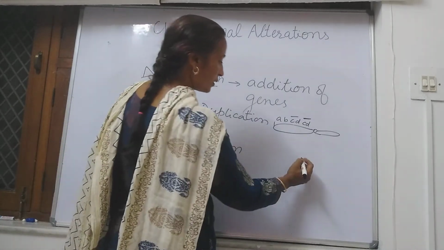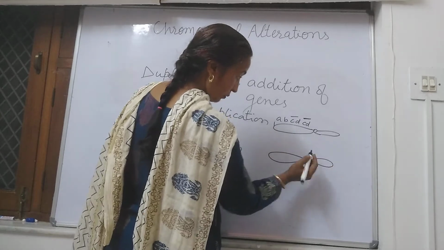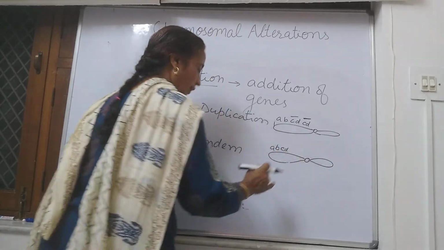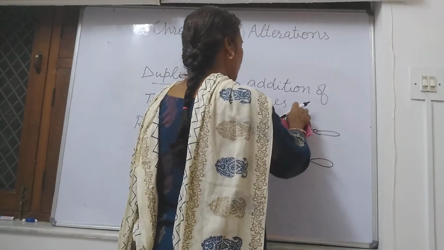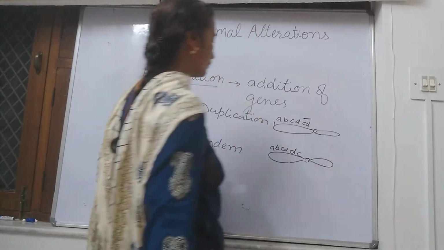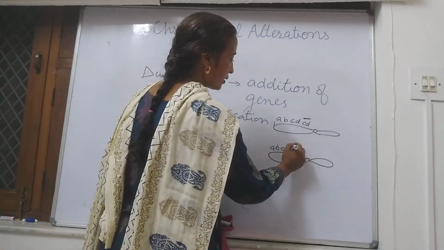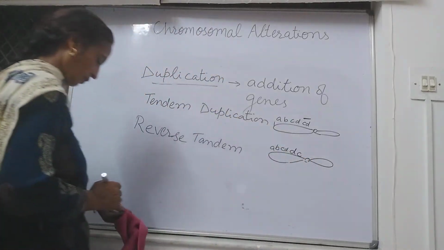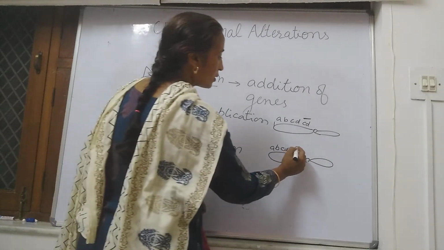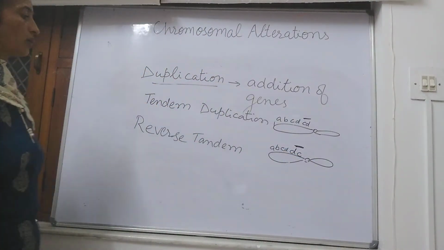And in reverse tandem, the genes are repeating themselves but in reverse order. So this is called reverse tandem duplication, and this is tandem duplication.